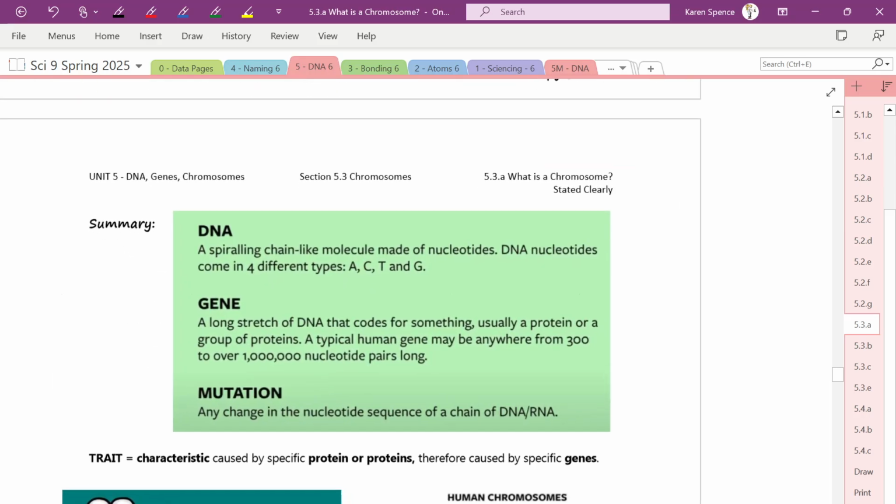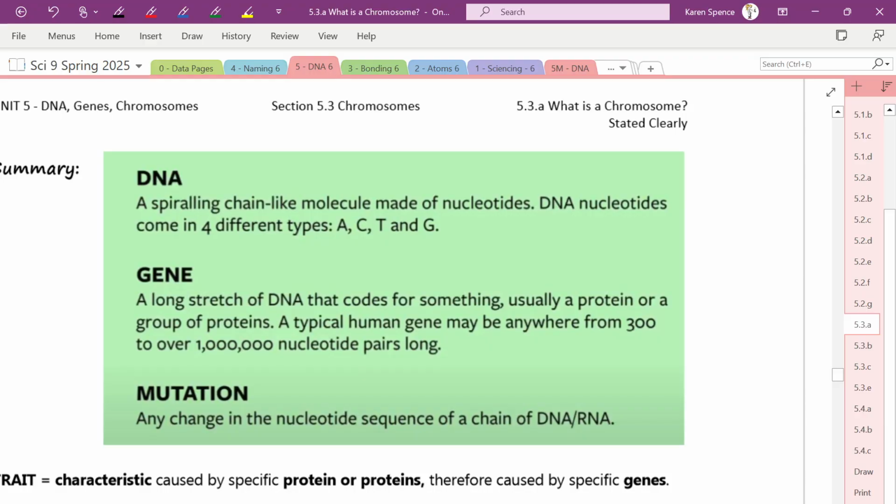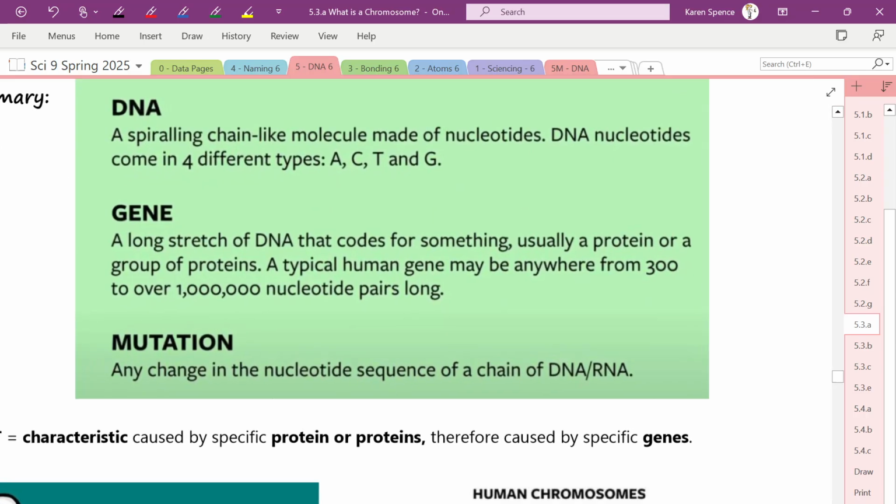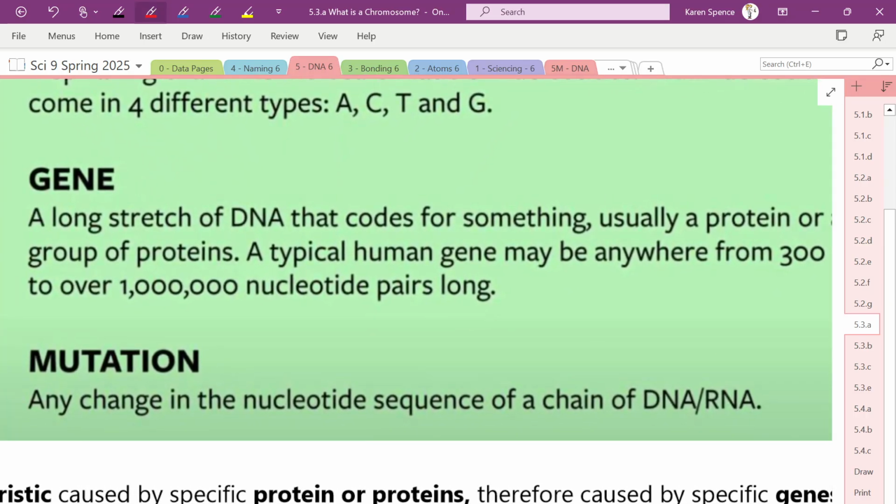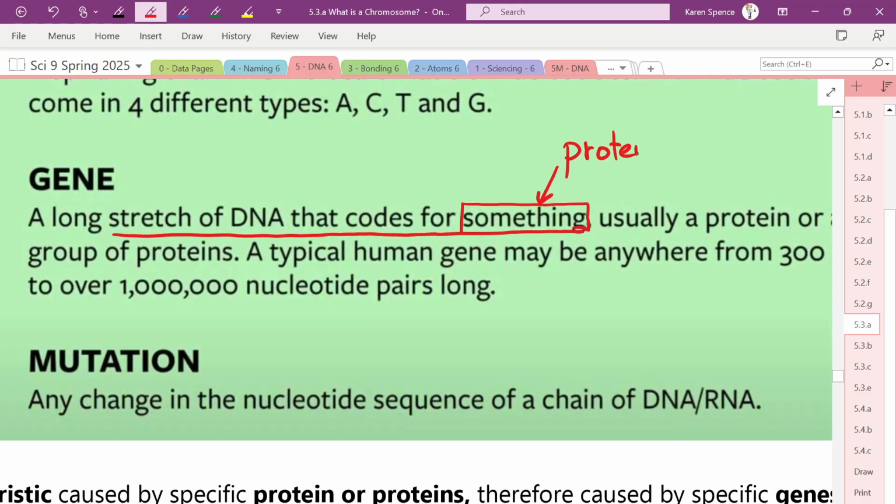All right, summary. DNA is a spiraling chain-like molecule made of nucleotides A, C, T, and G. I think we really know that by now. A gene. It is a stretch of DNA that codes for something, and that something is a protein.